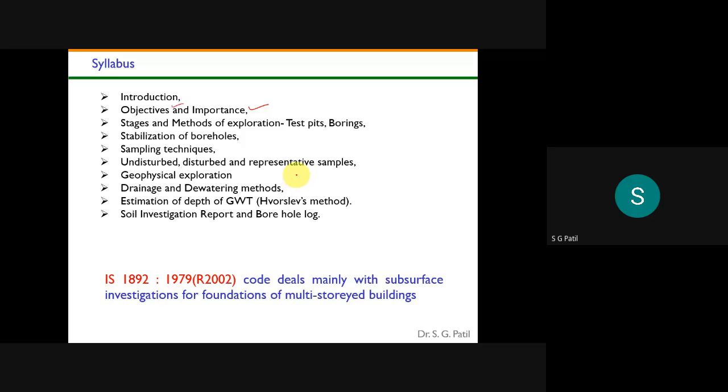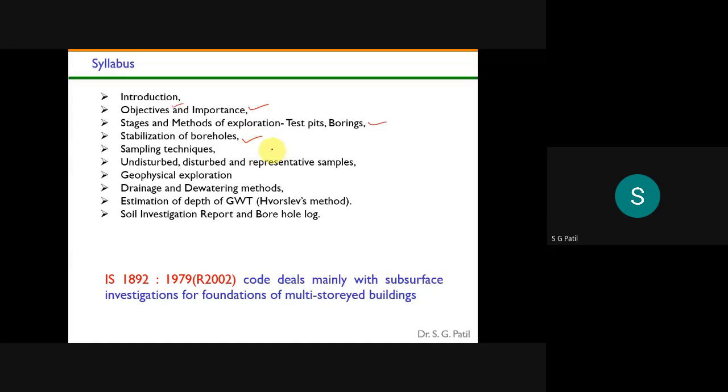In the detailed investigation, we will have some boreholes, and we will collect disturbed and undisturbed soil samples with the help of some samplers, and also carry out some laboratory and field tests. Then we also saw stabilization of the borehole.